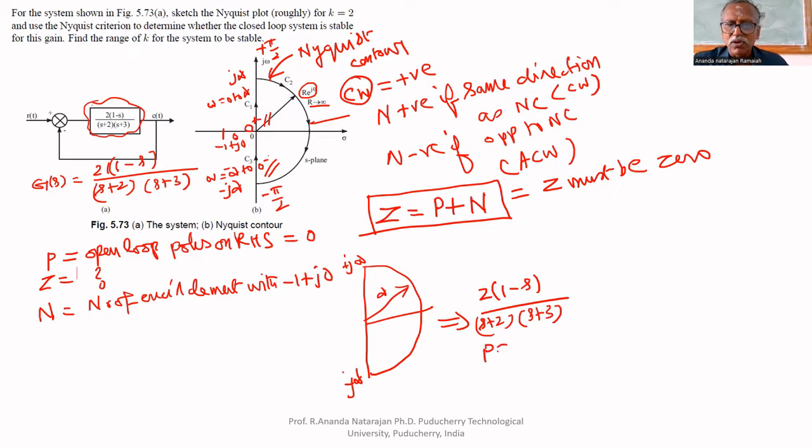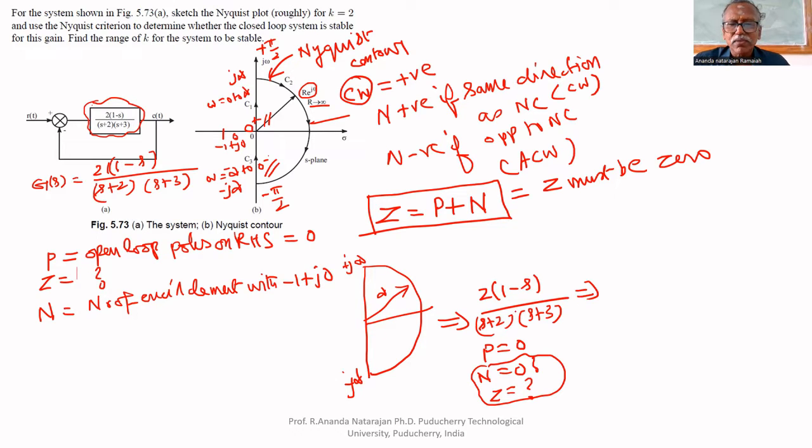Here, P equal to 0. Therefore, N must be 0 for a stable system. If P equal to 0 and N equal to 0, then automatically you will get Z equal to 0. Therefore, the system will be stable.